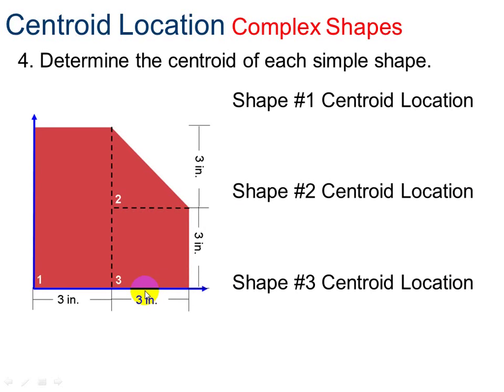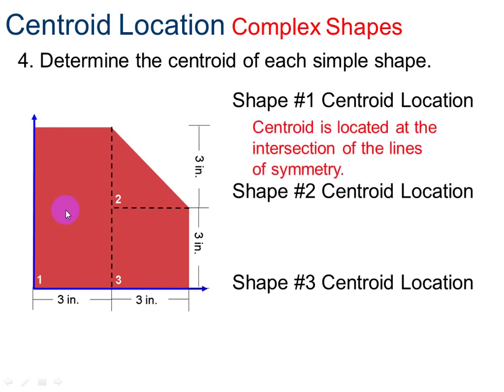So the centroid location for shape number 1, it's just a rectangle, and if you'll remember from the formulas I just gave you earlier, the x direction is going to be half of the base, so 3 divided by 2, and the y direction is also the height divided by 2, so 6 divided by 2. Where these two lines of symmetry intersect.